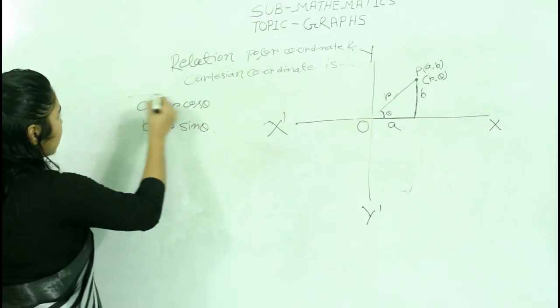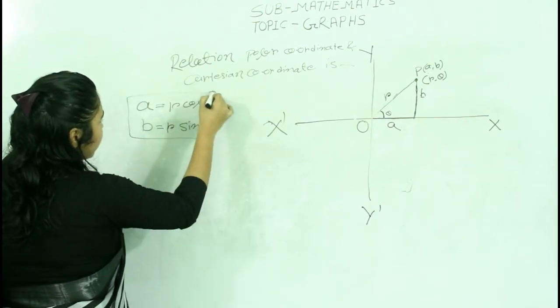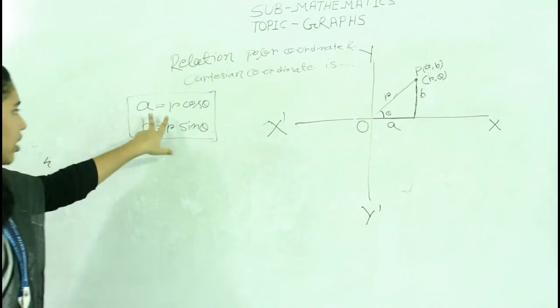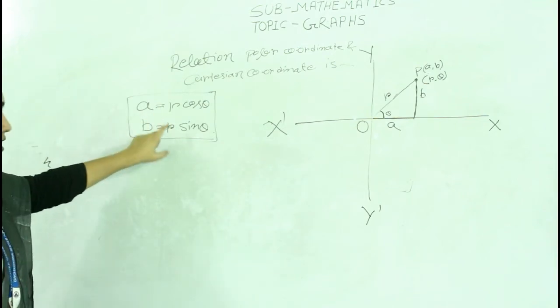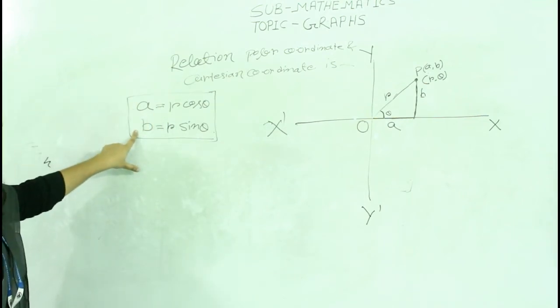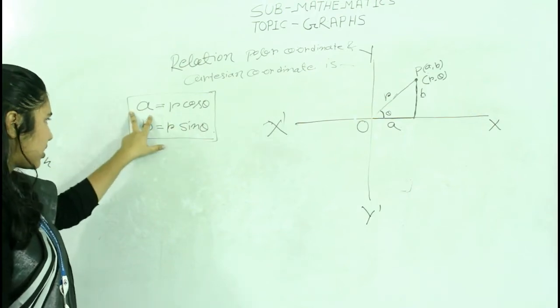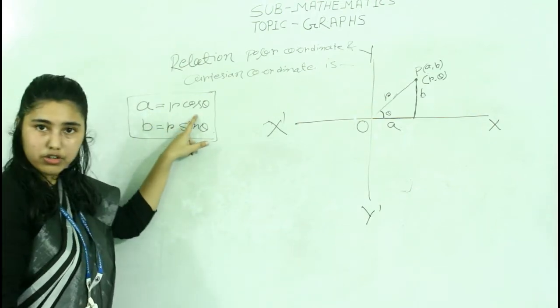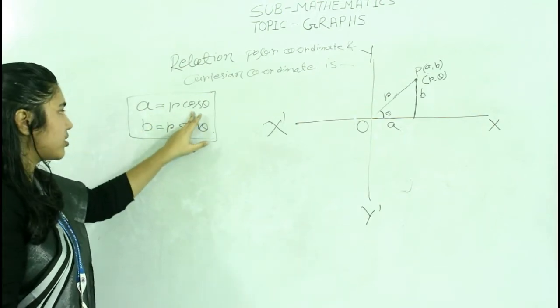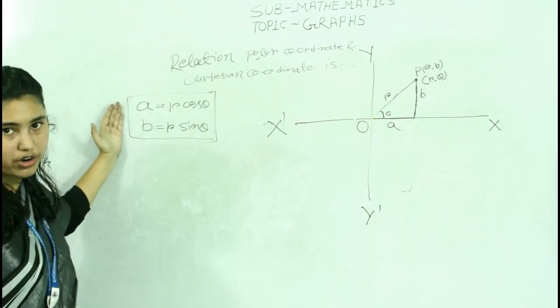This is the relation between polar coordinate and Cartesian coordinate. From these two equations we can convert a Cartesian coordinate to a polar coordinate and a polar coordinate to a Cartesian coordinate.